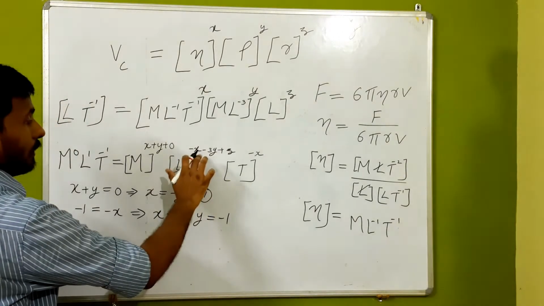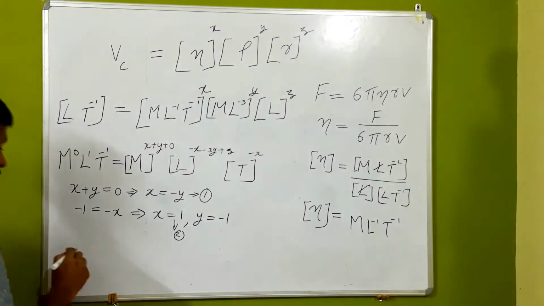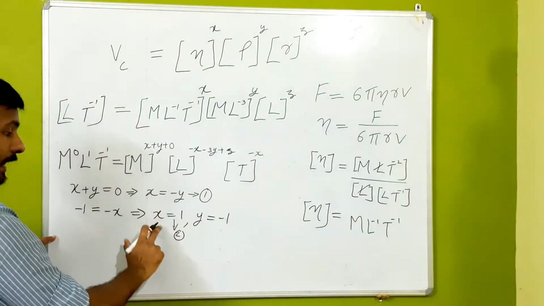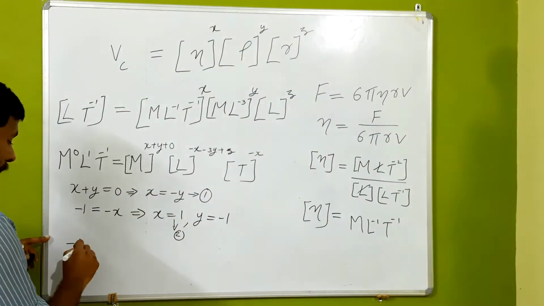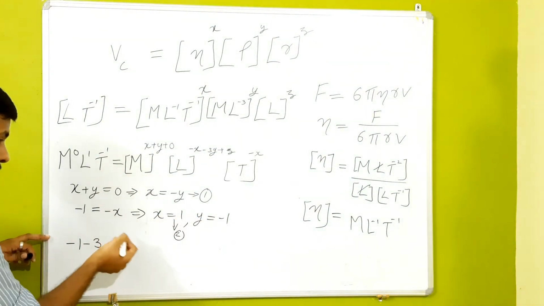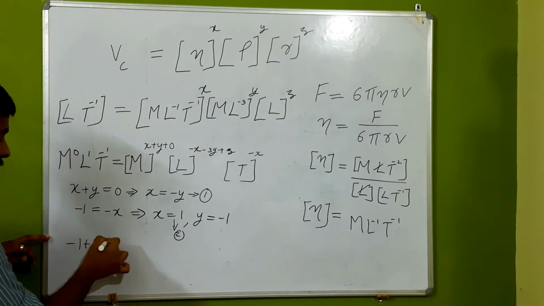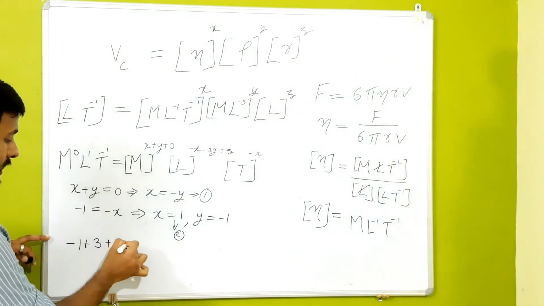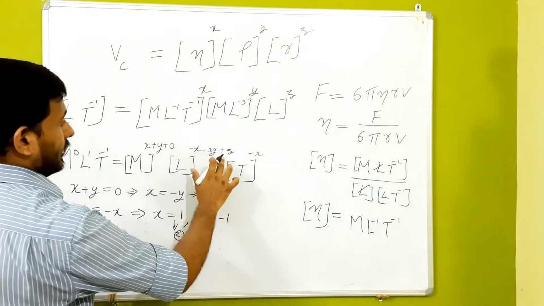So minus x minus 3y plus z is equal to 1. But we know that x is equal to 1. Therefore minus 1, minus 3 into y, which is minus 1. Therefore minus 3 into minus 1 becomes plus 3, plus z.